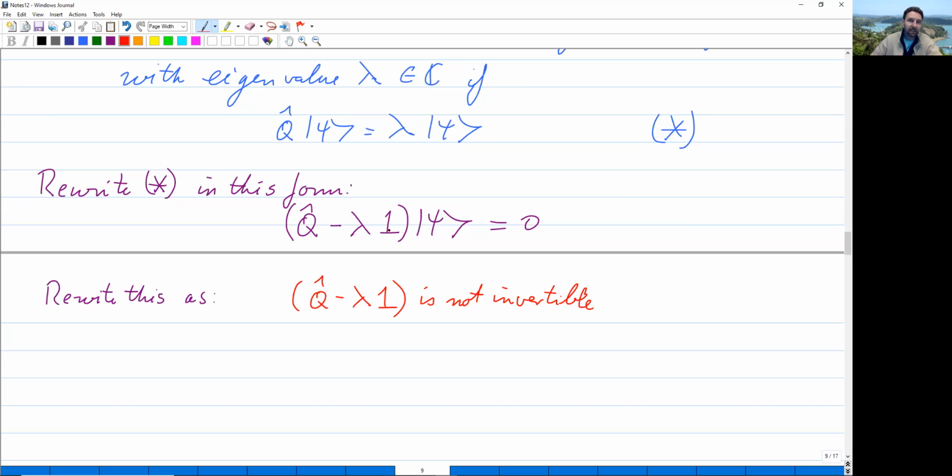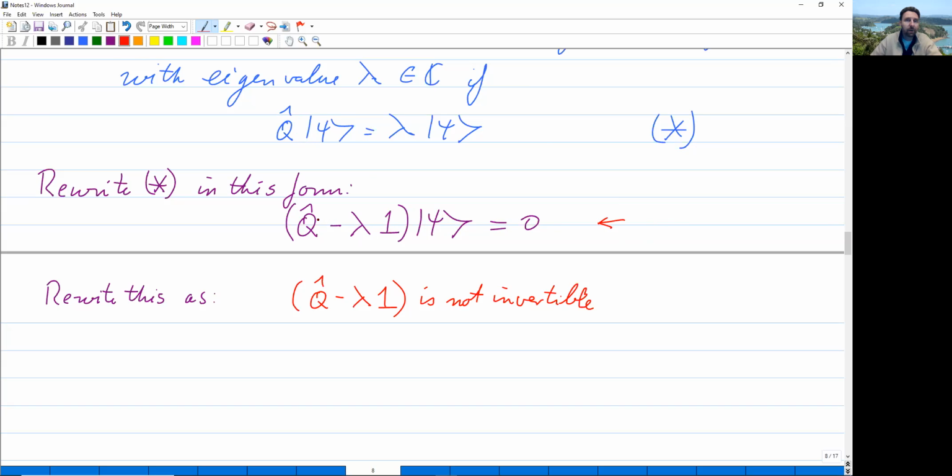Now we have that Q hat minus lambda acting on psi is 0. But this equation means that all multiples of psi, all Hilbert space vectors that are multiples of psi, get mapped onto the 0 vector by Q hat minus lambda.